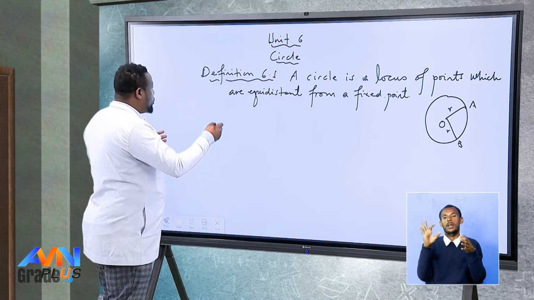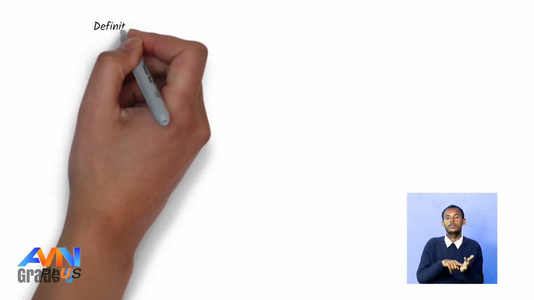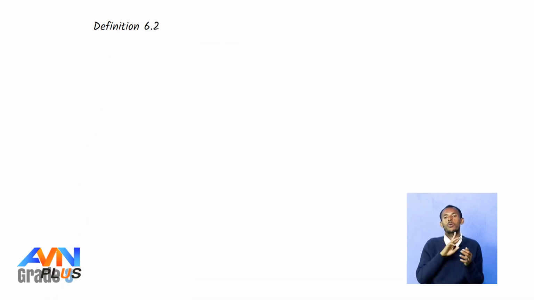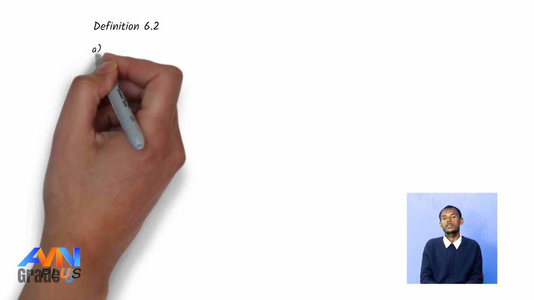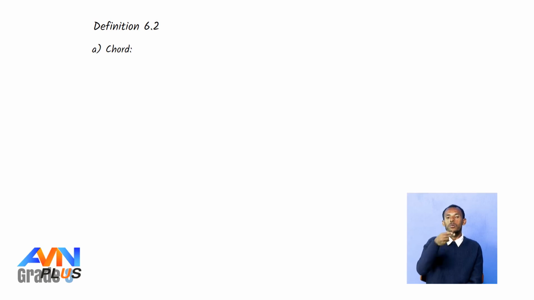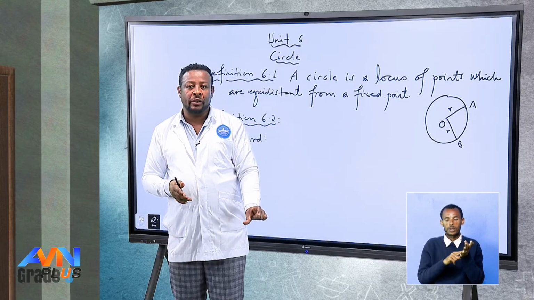So if we say this much, let's see some other terminologies associated with circle. Definition 6.2. In definition 6.2, we will see 4 terminologies. The first one is a chord. A chord of a circle is a line segment joining 2 points on the circle, right?